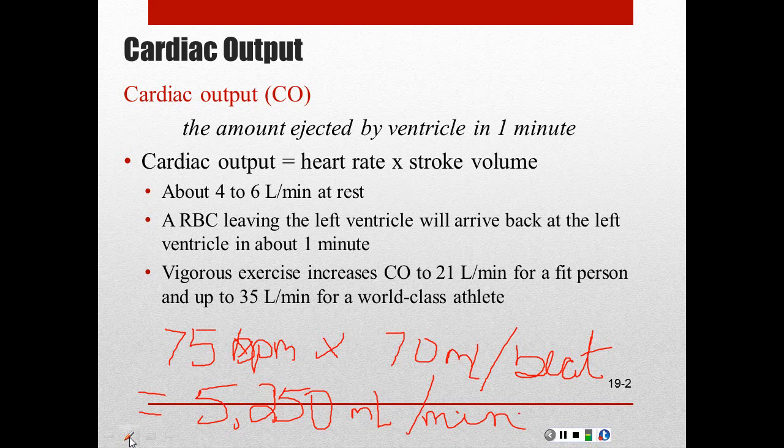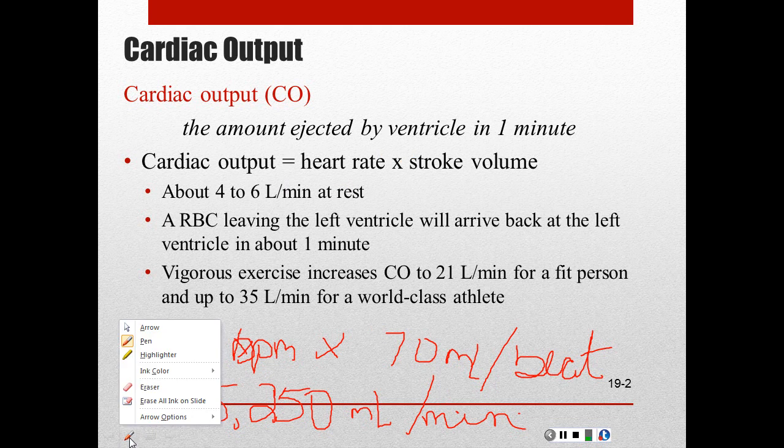So if I put something on a test asking what is the cardiac output of someone with a heart rate of 75 or 80 beats per minute and a stroke volume of 70, then you will know you have to multiply.